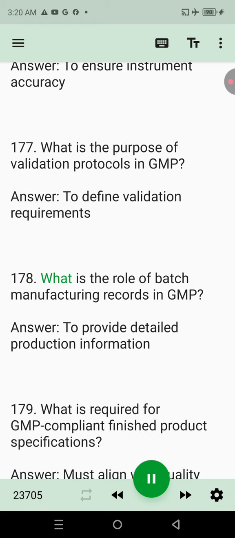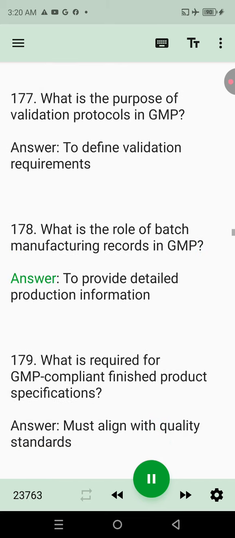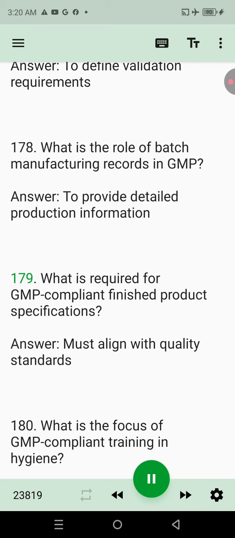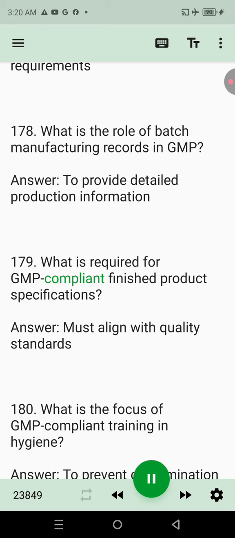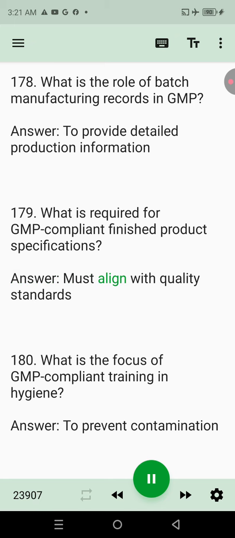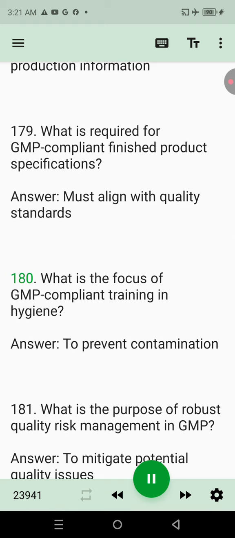178. What is the role of batch manufacturing records in GMP? Answer: to provide detailed production information. 179. What is required for GMP compliant finished product specifications? Answer: must align with quality standards. 180.